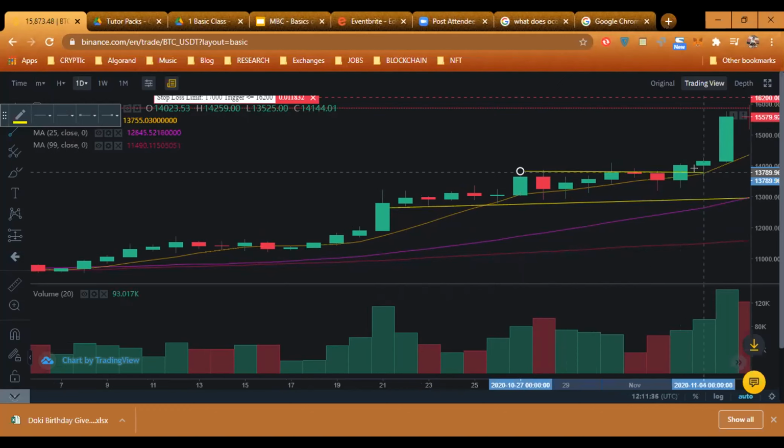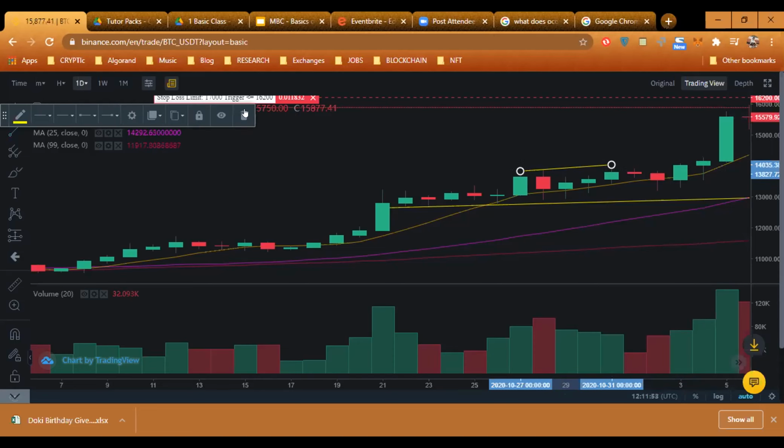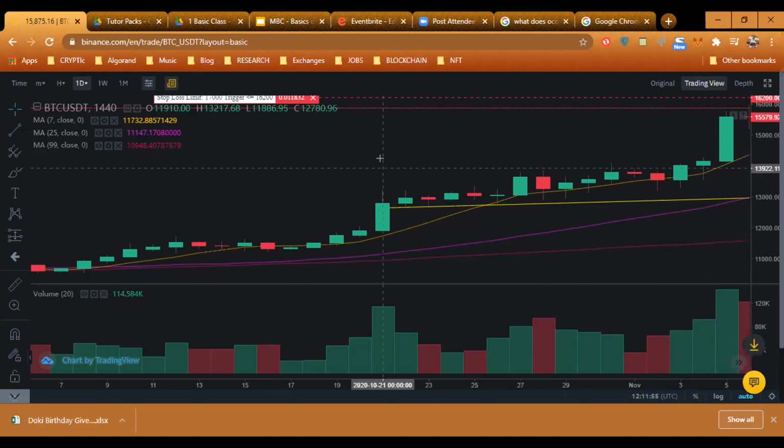I can see that Bitcoin has broke this resistance. If I drew this on that day, I would have drawn it from this area. Let's see. Nope, this is not a good place to draw this. Let's say I drew from here.